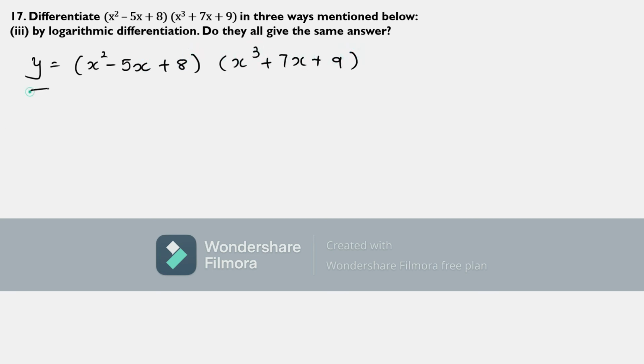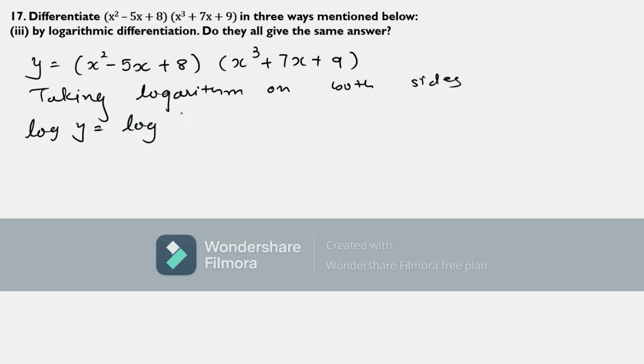Once we take logarithm on both sides, left hand side it will be log y, and right hand side it will be log of these two brackets.